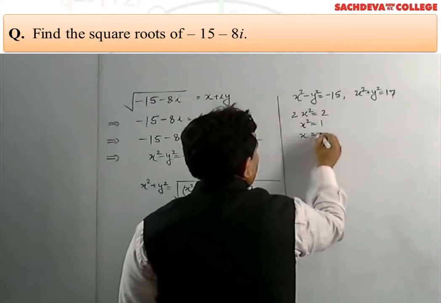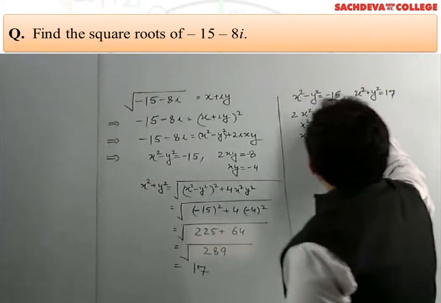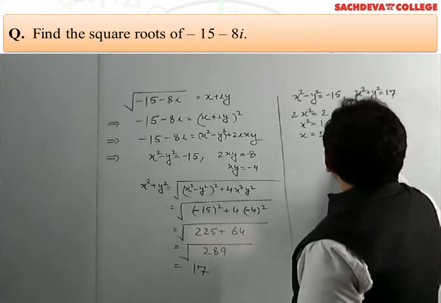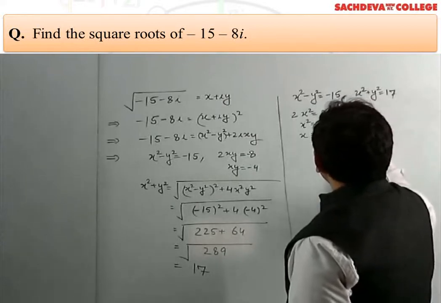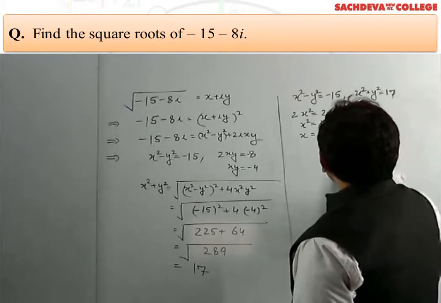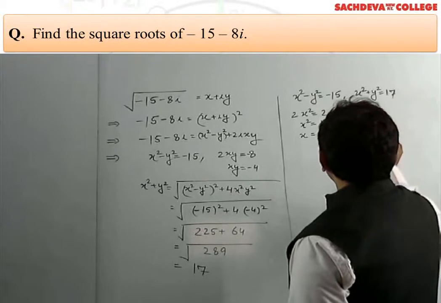So x will be equal to plus minus 1. And if we subtract these two results, then we find value of 2y square is equal to 32. So y square will be equal to 16, and y will be equal to plus minus 4.